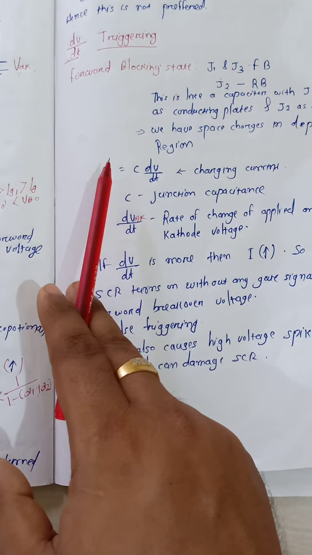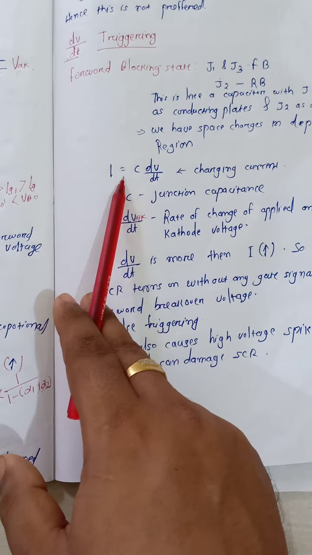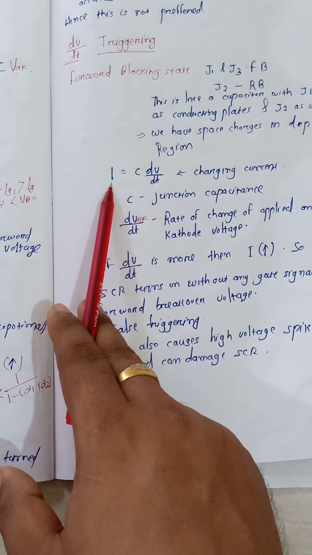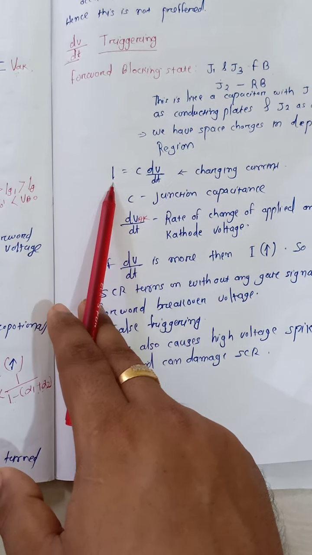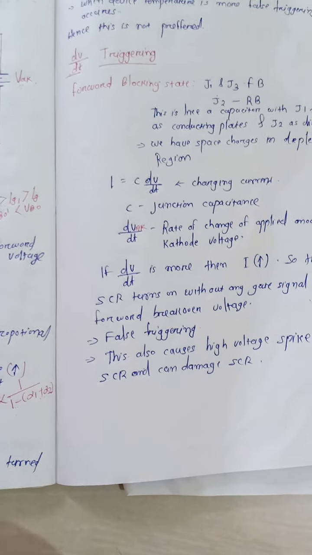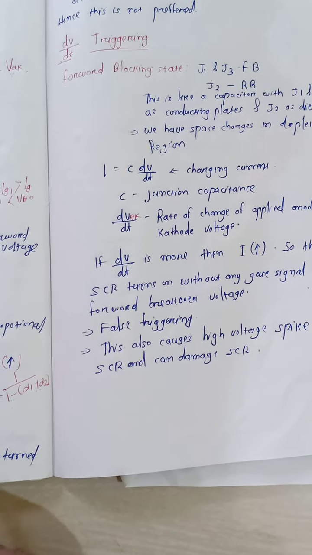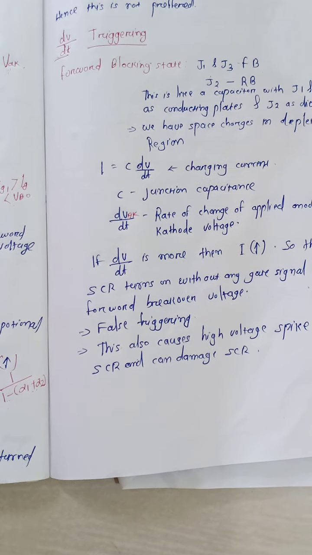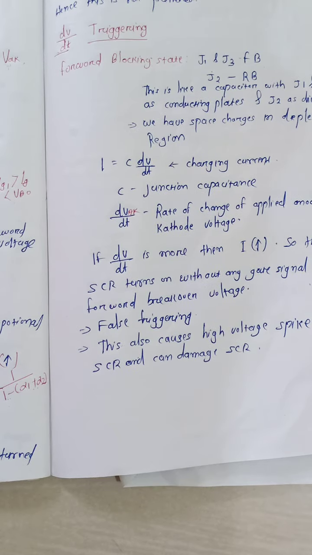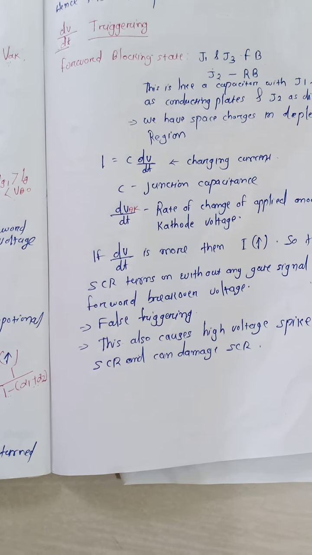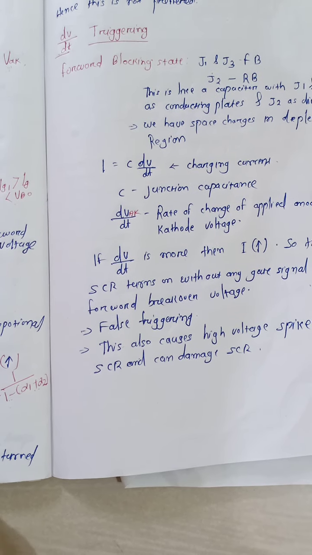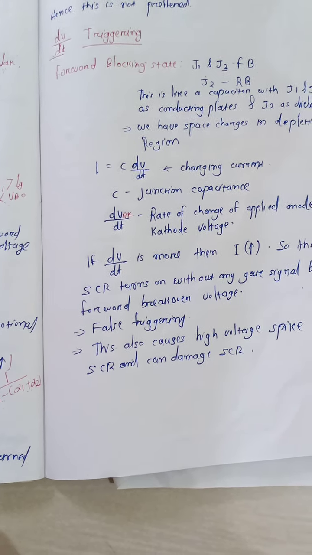Because the SCR will get turned on even before the forward breakover voltage, while Ig equal to 0, or our gate current is 0, which is undesirable, as we have no control over the instant of triggering of the SCR. कुछ कंट्रोल हमारा नहीं रहेगा SCR का ट्रिगरिंग से.